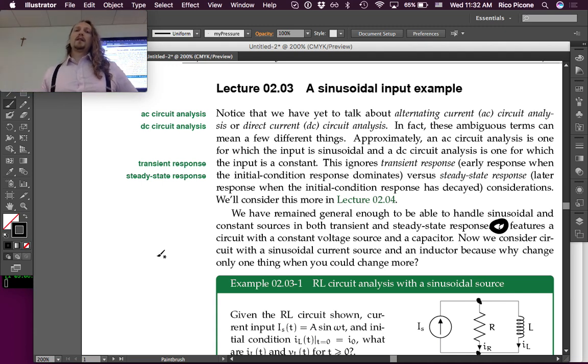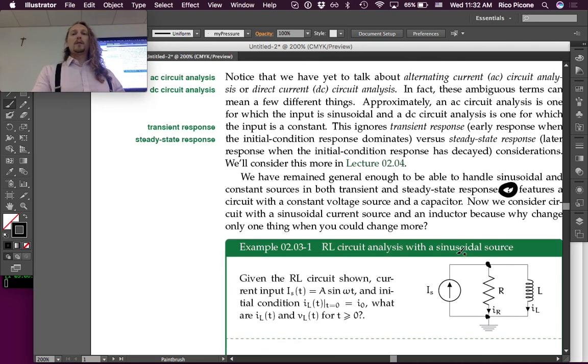Now we consider transient and steady state response together, the total response of a circuit with a sinusoidal current source. So before it was a constant source, right? So the sinusoidal now. And now instead of being a voltage source, we have a current source, and instead of having a capacitor in it, we have an inductor. Because why change one thing when you could change more?